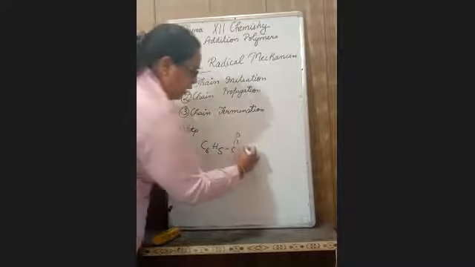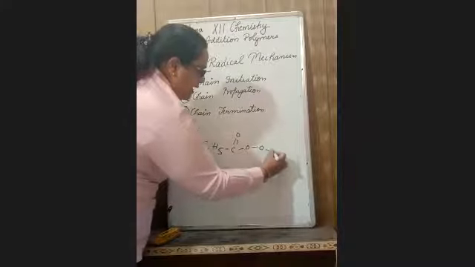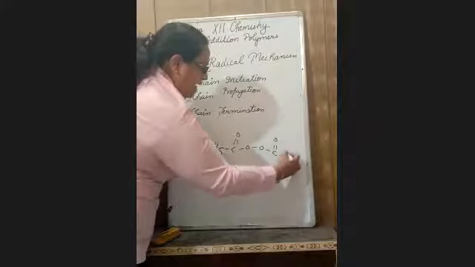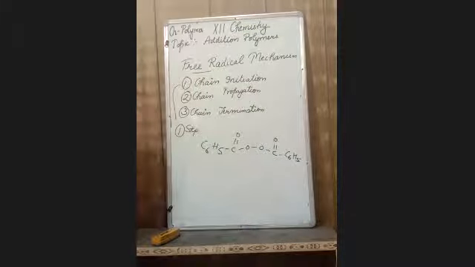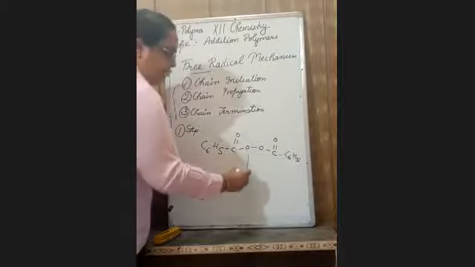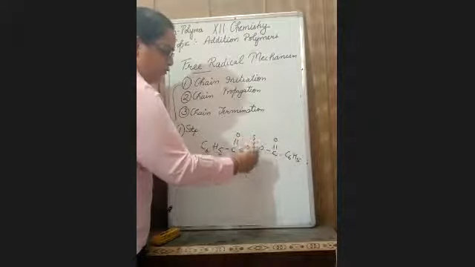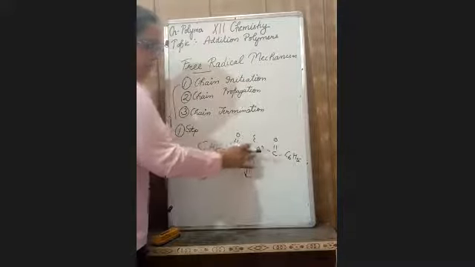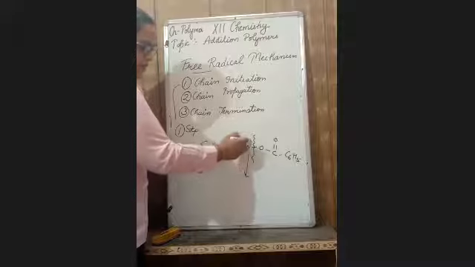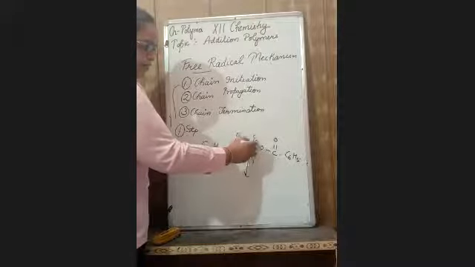We are giving energy to this compound. It will break down from this side. This bond is formed by 2 electrons. One goes here and one goes there.